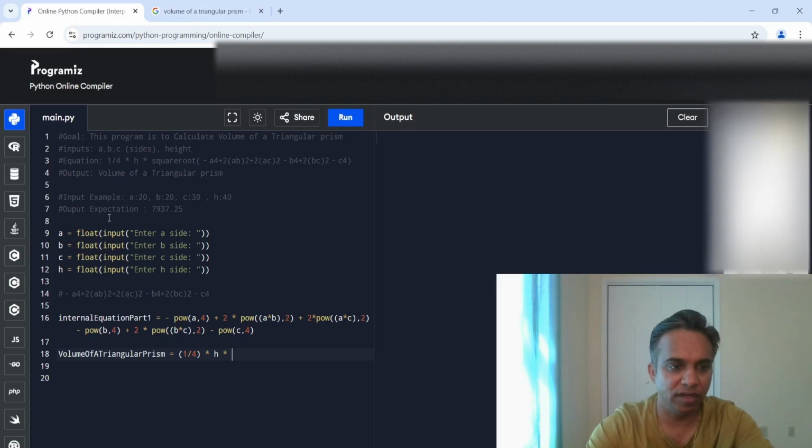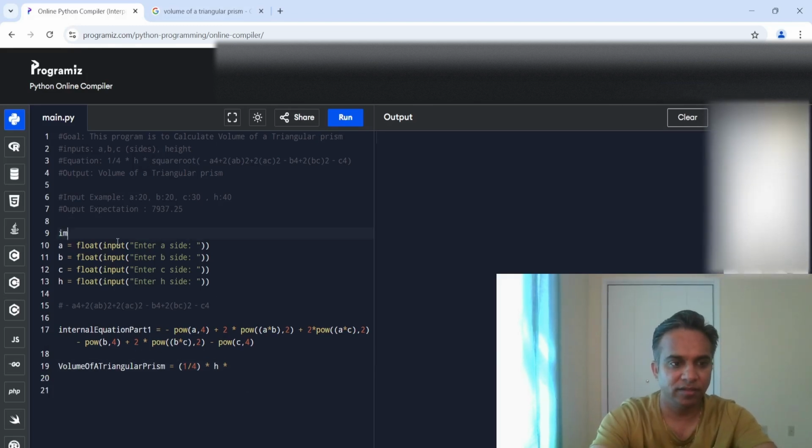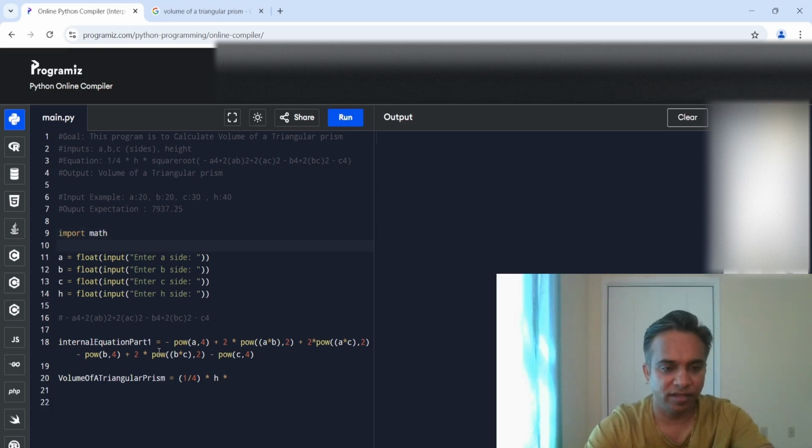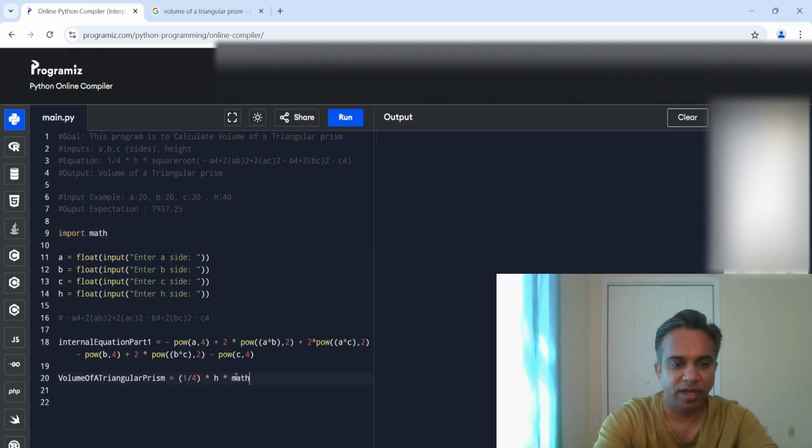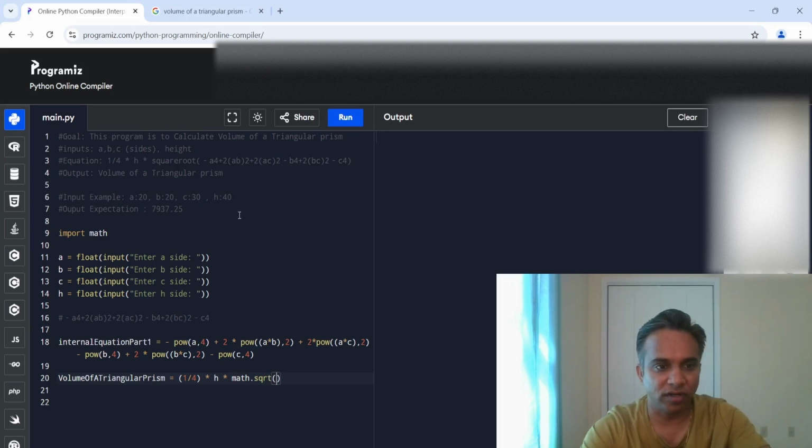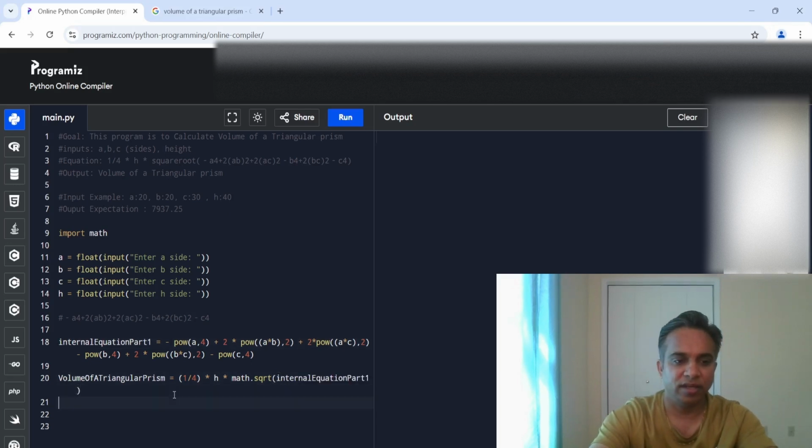So we have to import math, and here we can say math dot sqrt of what? Of this complete equation, internal equation part 1, and this should give us the result.